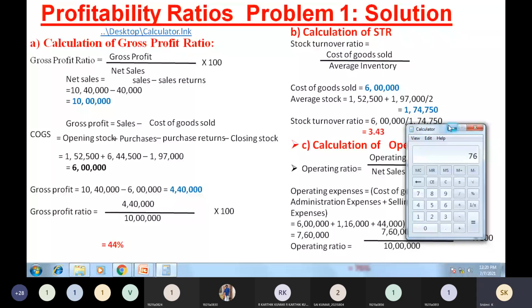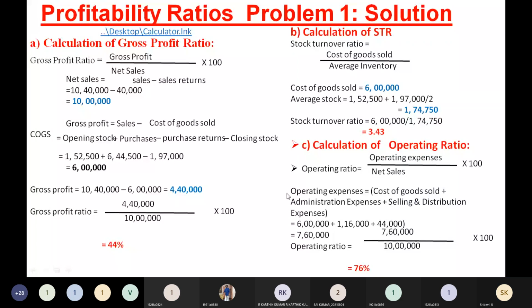So this is how you are going to find the solution. What this 76% indicates is that, out of net sales, operating expenses covered 76%. The operating ratio helps with that.